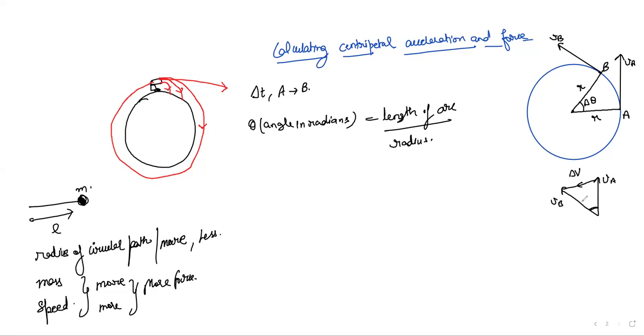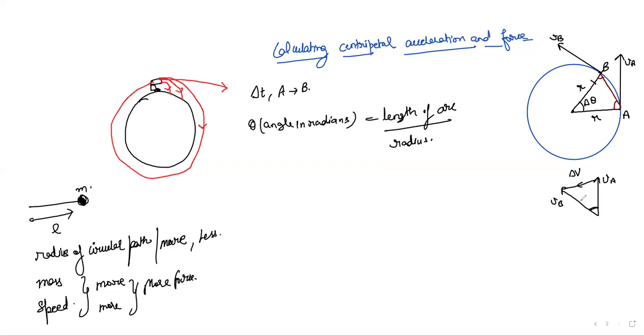If we consider this side and this side are the same, and if I consider a small triangle here, and join A and B, then this angle and this angle will be equal. Now I have drawn this VA and VB here.